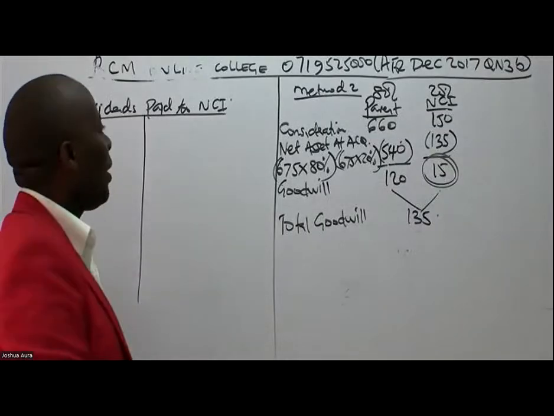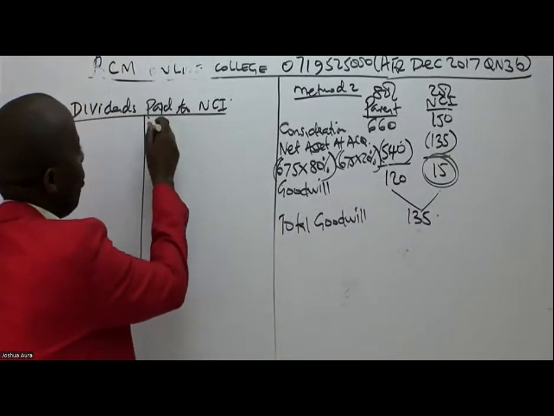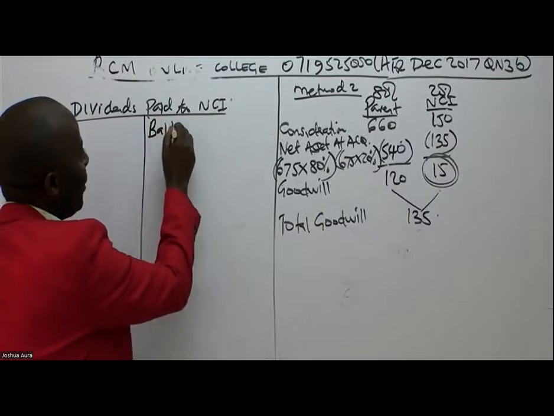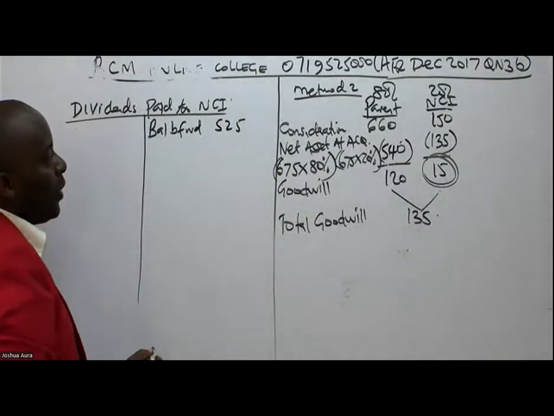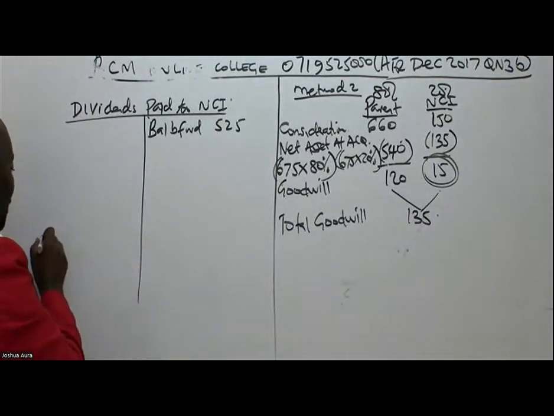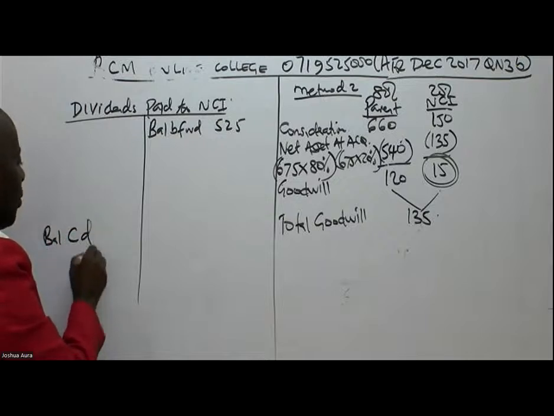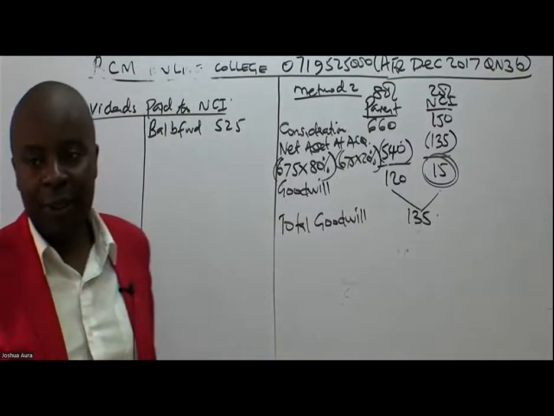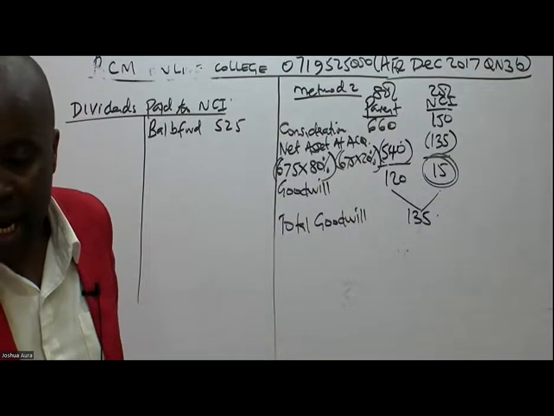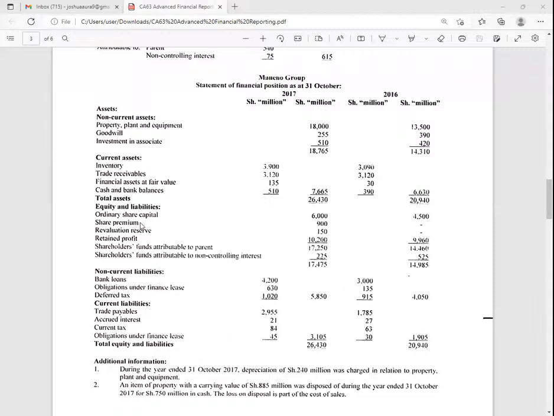So balance brought forward will be 525, right? And then at the end of 2017, we have a balance carried forward. So the balance carried down for NCI, for non-controlling interest, is 225.